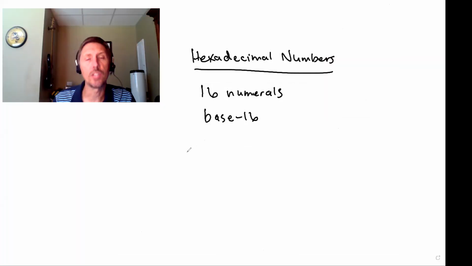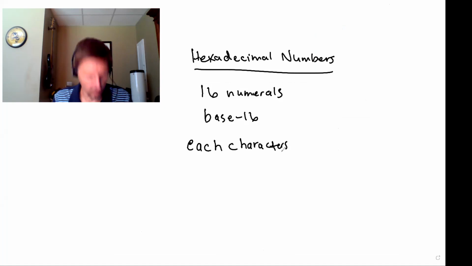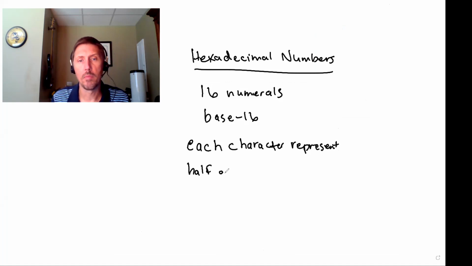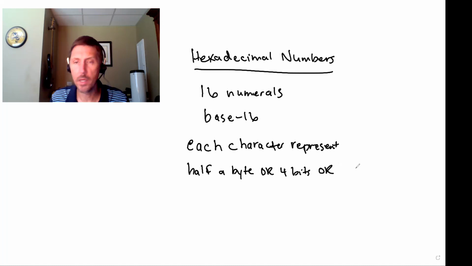So if each character in a hexadecimal number represents half a byte, then it would be 4 bits. Each character represents half a byte, or 4 bits, or here's another vocabulary term for us, a nibble.